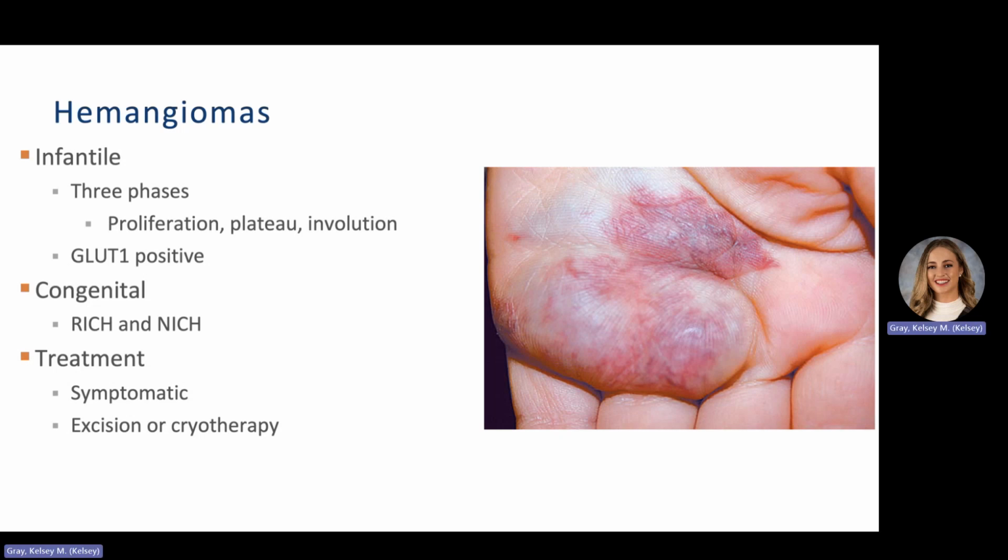MRI can be helpful to differentiate these from arteriovenous malformations, although many will spontaneously involute without treatment. Treatment may be indicated if the hemangioma is symptomatic, including ulceration, infection, bleeding, or psychosocial factors. Treatment would include excision or cryotherapy.